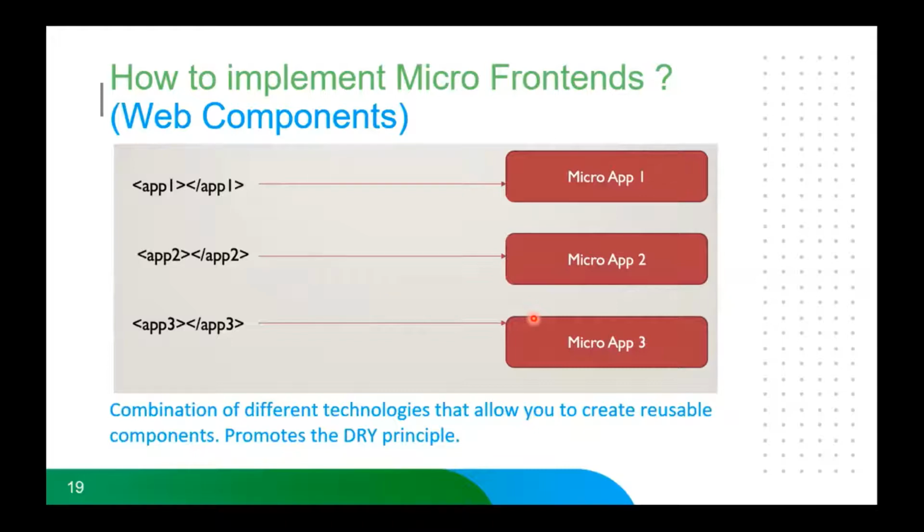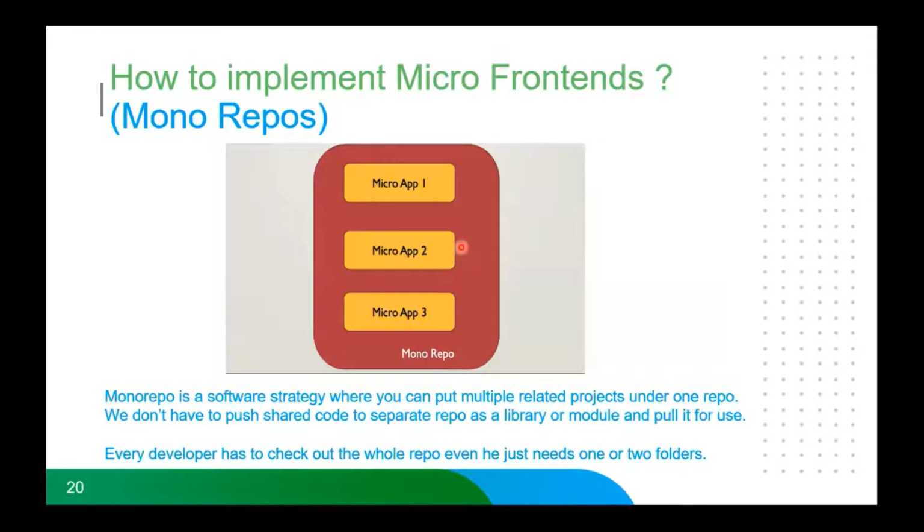Say you have an e-commerce web app: this recommendation part can be just below the listing part, below the product page, or just before the cart, so that if you want to add a few more items you can. So web component is the other way to achieve micro front end.